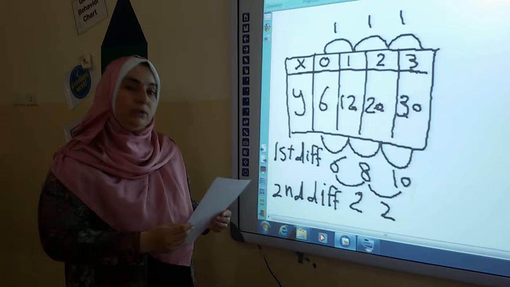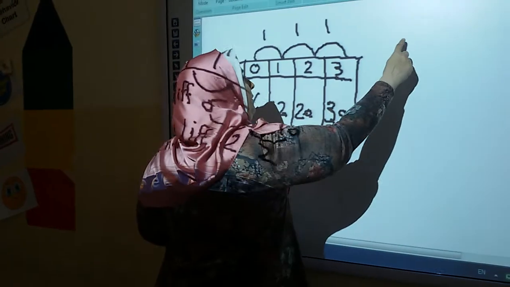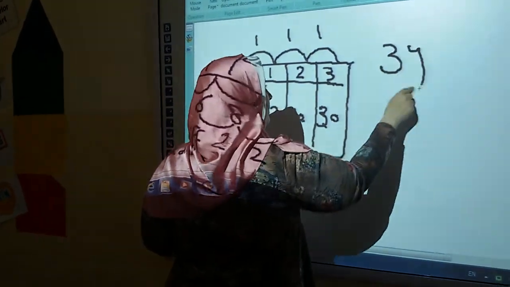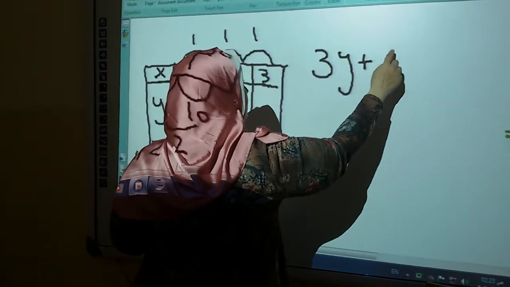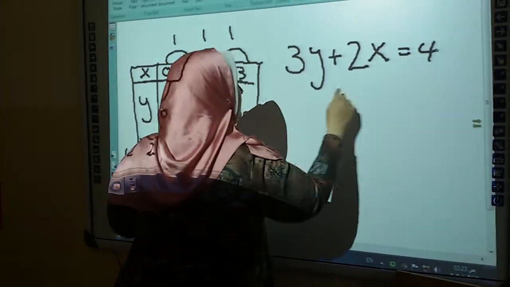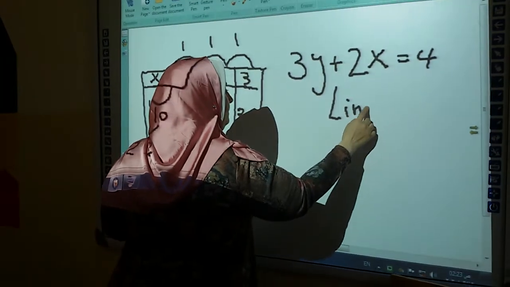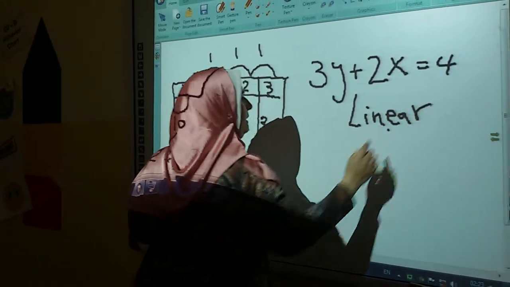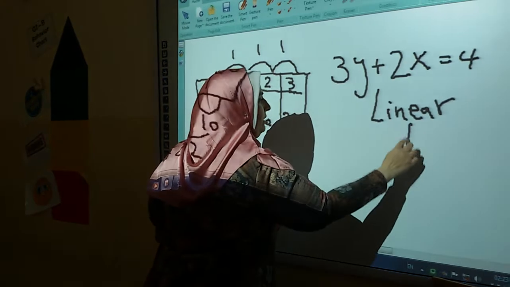Let's remember what a quadratic function is. If I say 3y plus 2x equals 4, this is a linear function, a function of first degree.